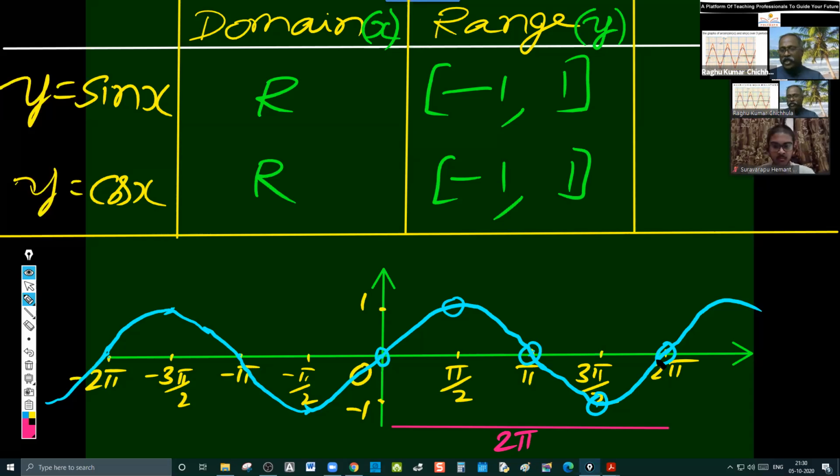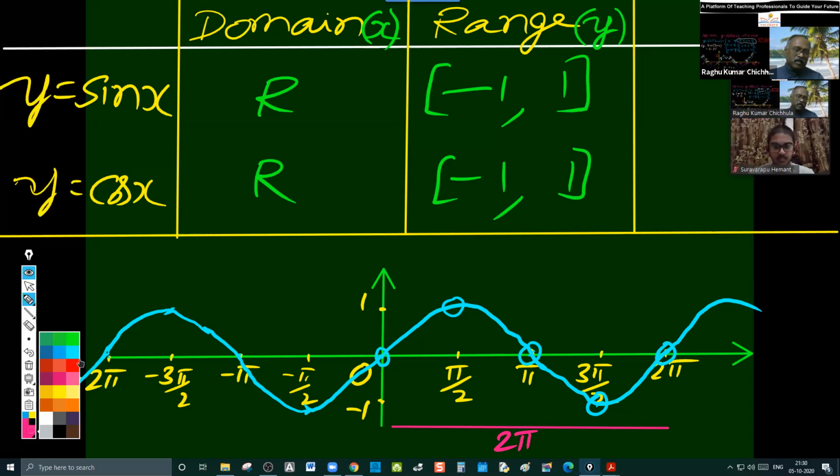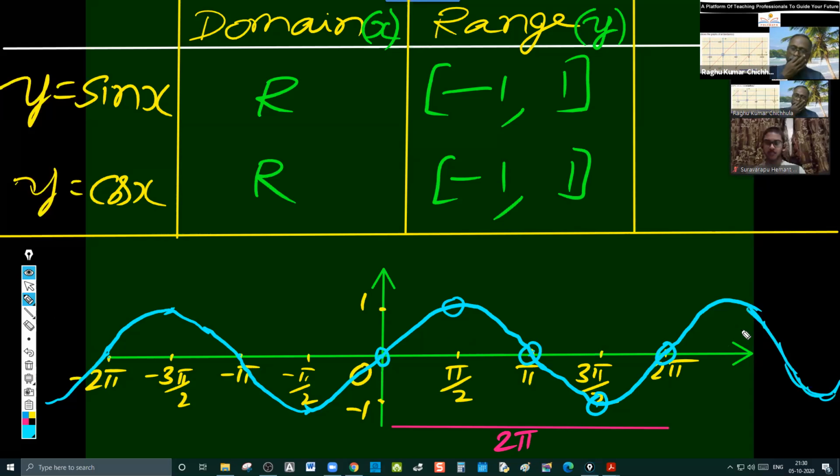The same shape is repeated between 2 pi and 4 pi, like this. Okay, so 0 to 2 pi, whatever the shape is there, 2 pi to 4 pi, the same shape will be there, 4 pi to 6 pi, the same shape will be there.